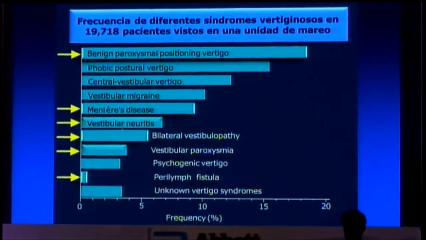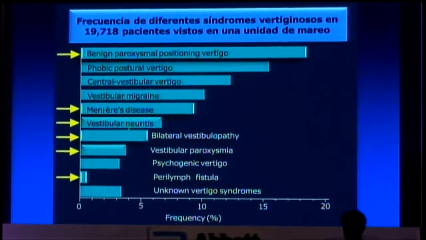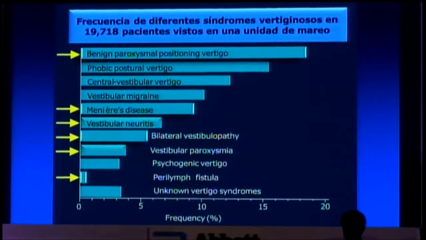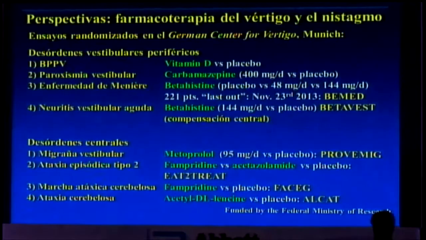Vestibular neuritis, herpes simplex, acute onset of severe vertigo, exclude vestibular pseudoneuritis, symptomatic treatment, steroids, rehabilitation. Bilateral vestibulopathy, movement-induced imbalance, no symptoms under static conditions, vestibular exercises. Vestibular paroxysmia, short attacks of vertigo, carbamazepine. Perilymph fistula, pressure-induced attacks of vertigo.